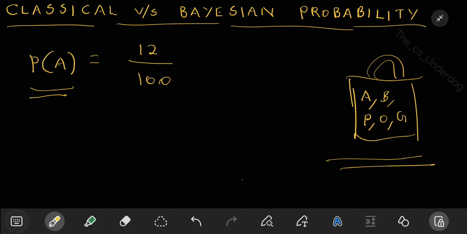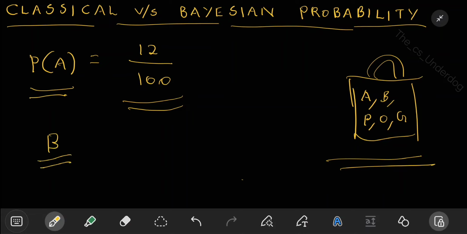That is the number of times you picked an apple out of the total number of trials that you did. This is the probability of apple. This is how you find it in classical approach. So here you go purely based on your observations, and this is a very objective method. That is exactly based on what you had seen, you are deciding what is the probability of picking an apple or whatever event.